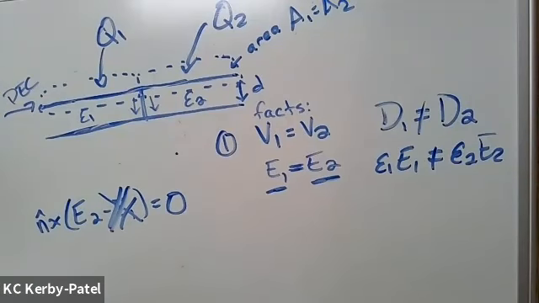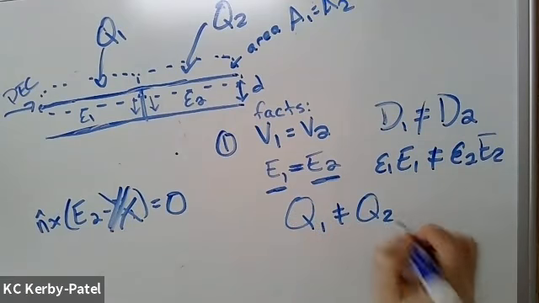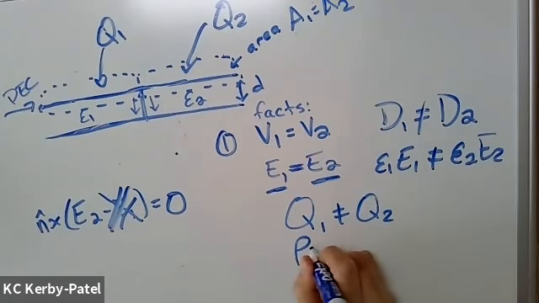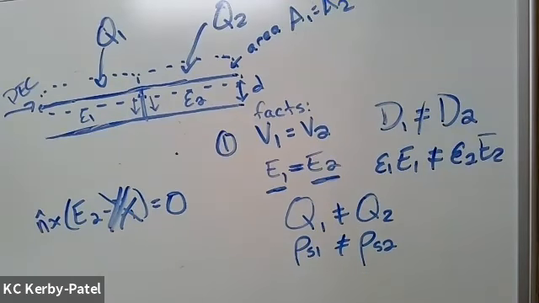Q1 and Q2 are not equal because D1 and D2 are not equal. Or we could write this as the surface charge 1 does not equal surface charge 2, which is true no matter what the areas are. Make sense so far?